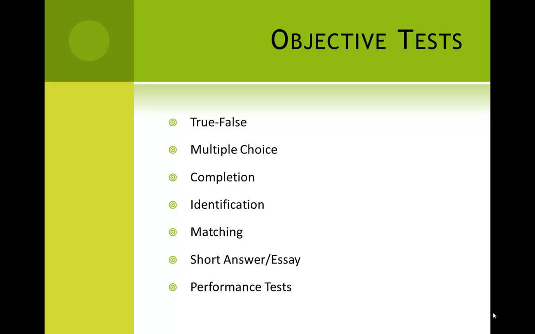And then another takeoff on that is your matching, where you have a listing of either definitions or words, and across from it another list of answers that go to those words or statements in the first column. So you have two columns of information on a sheet of paper, and you just match one with the other.